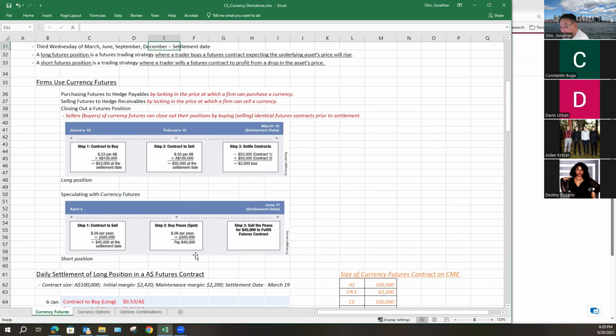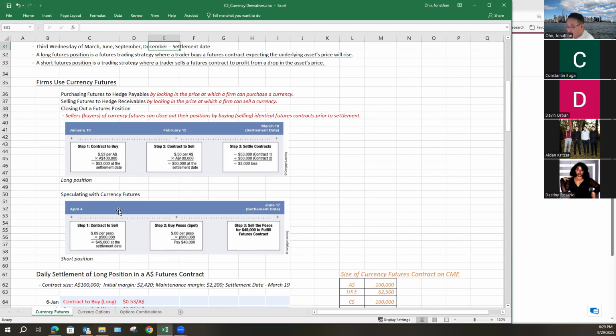So what the speculators do before settlement date is buy on the spot. The finalization of settlement will happen on the settlement date. The next settlement date is June 17th, the third Wednesday of June.